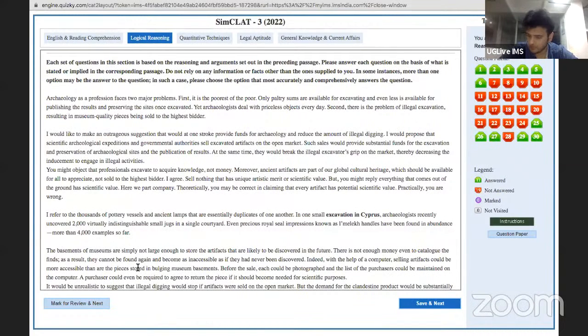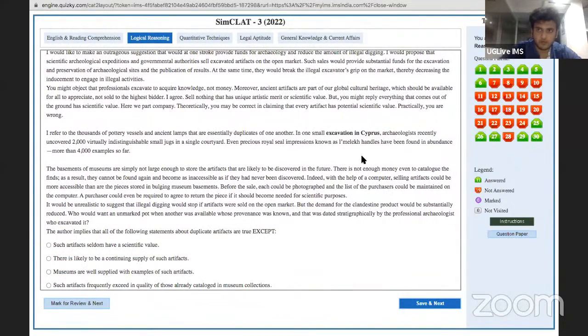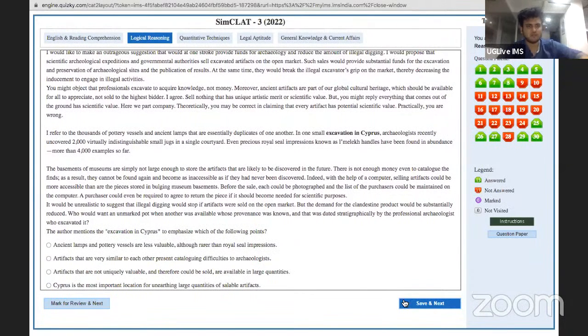क्या लगता है गाइस, क्या होना चाहिए आंसर? Give me some hint. I think just a couple of minutes are left, so I'll just do some random guessing. D, yeah. Excavation in Cyprus. Besides which are the following points?